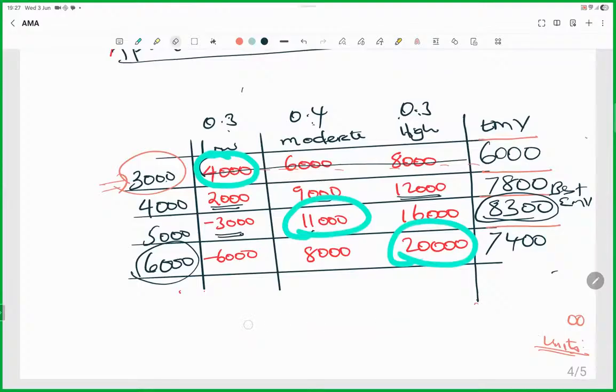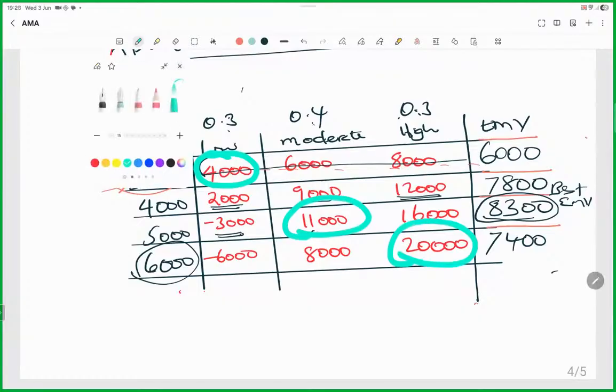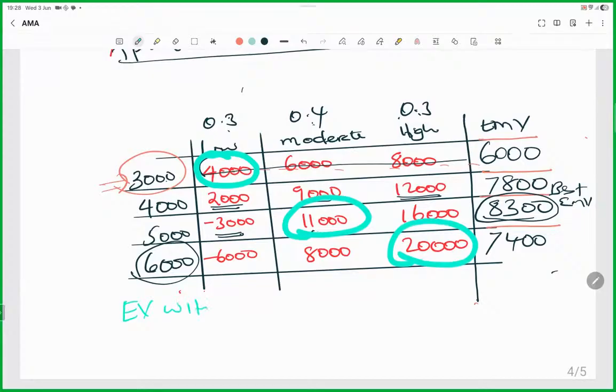Now from there, what I expect you to do is to average those 3 numbers. If probabilities weren't given, I would have averaged 4,000 plus 11,000 plus 20,000 divided by 3. But you see here now we have probability. So come and give me what we call EV with perfect information.